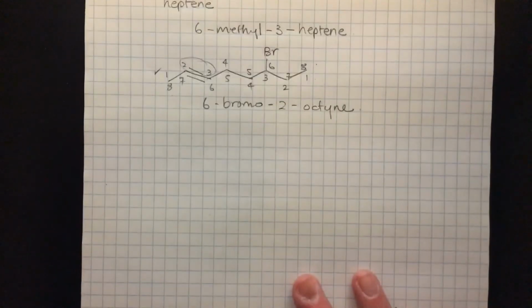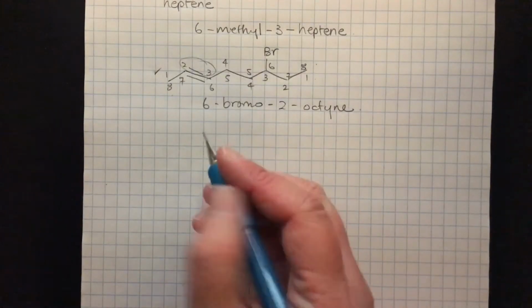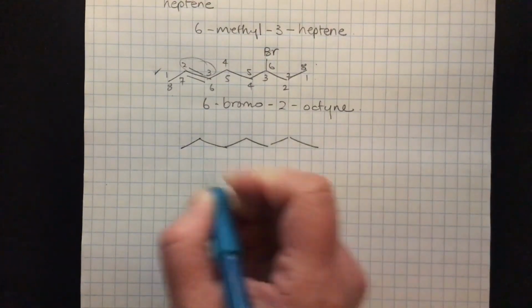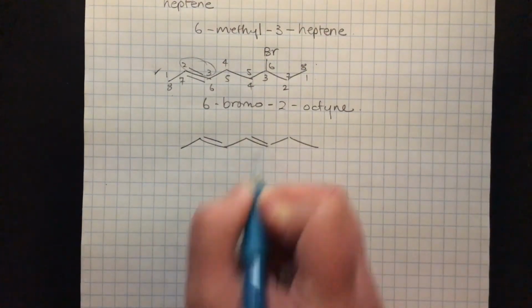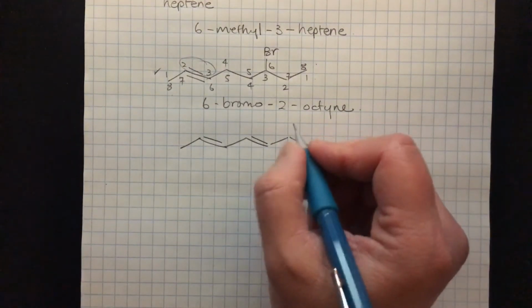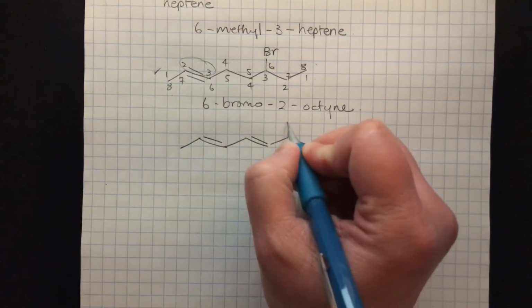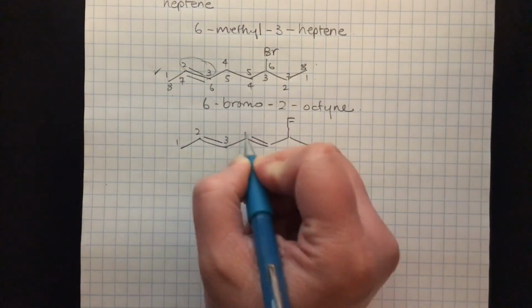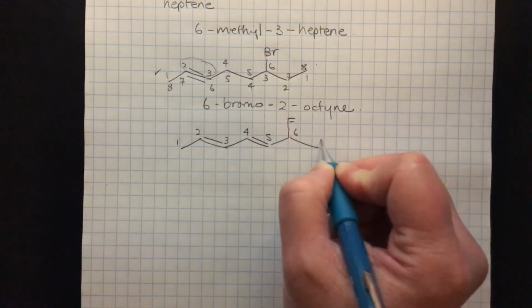The final one, just as something that's a little bit trickier, is if I was to draw this molecule right over here. And let's say at this point, I'm going to be putting 2 double bonds. And then let's say over here, I am going to be putting in an F. So I'm going to have 1, 2, 3, 4, 5, 6, 7.